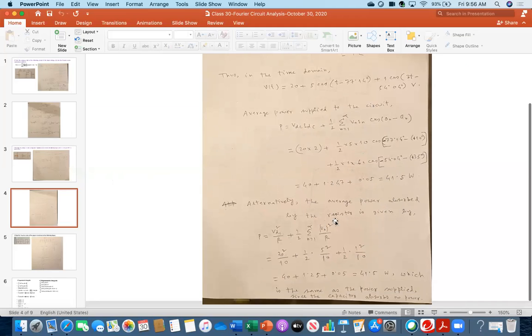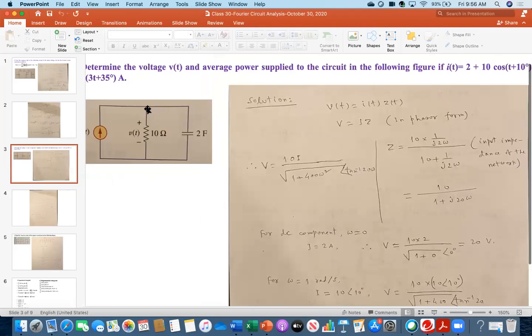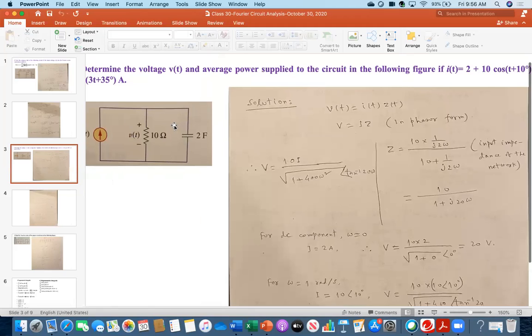The average power absorbed by the resistor is given by... Now, because this was your circuit, and you are asked to find the average power: because this is a capacitor, a capacitor will not consume any power, that you know, right? So power will be consumed only by the resistor. In the case of a capacitor, we have VI cosine theta, but the angle is 90 degrees.